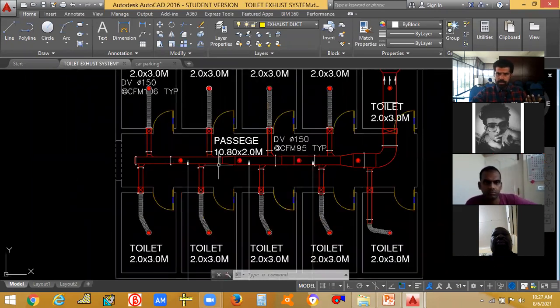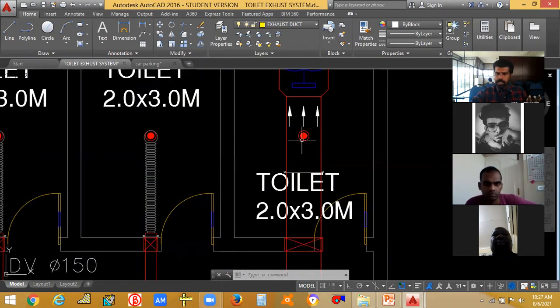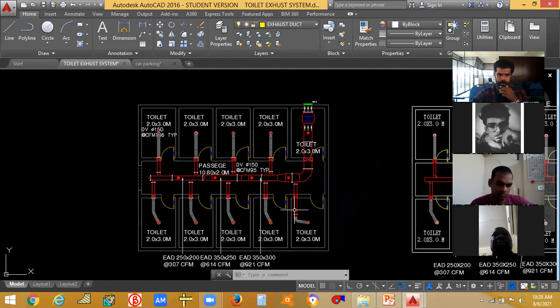Here you can see a wall. This will be directly connected to this main duct. Seeing from top to bottom, you cannot see it like this. This is directly connected to the main duct because this main duct is passing through the toilet only. Okay.